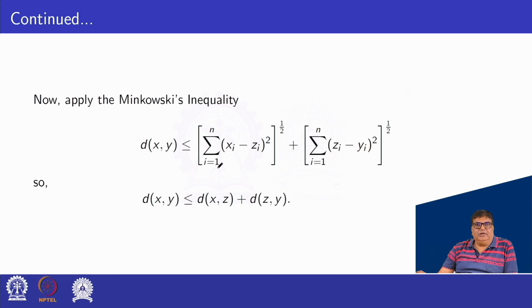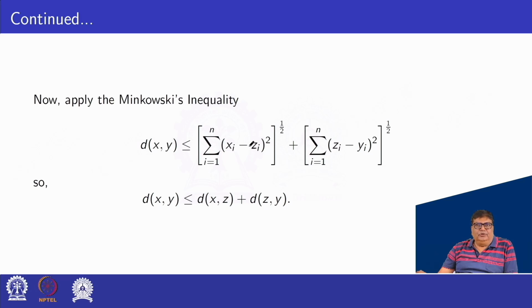So d(x,y) is less than or equal to summation i equal to 1 to n of |xi minus zi| squared, whole power 1 by 2, plus summation i equal to 1 to n of (zi minus yi) squared, whole power 1 by 2.